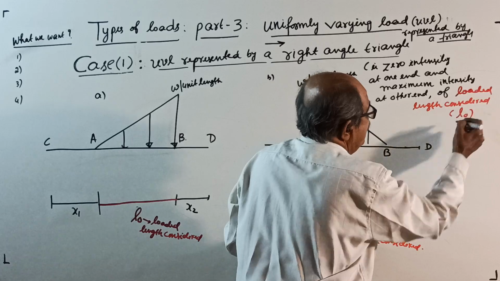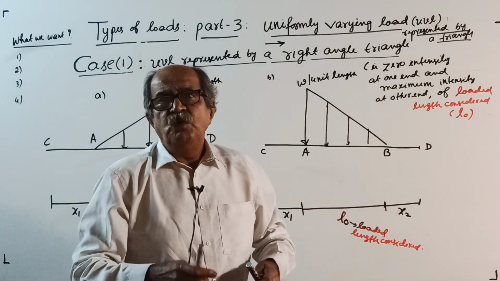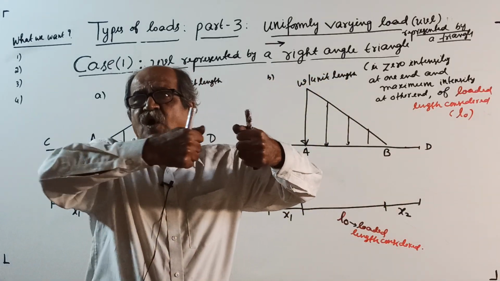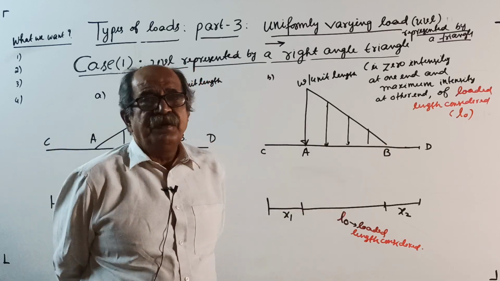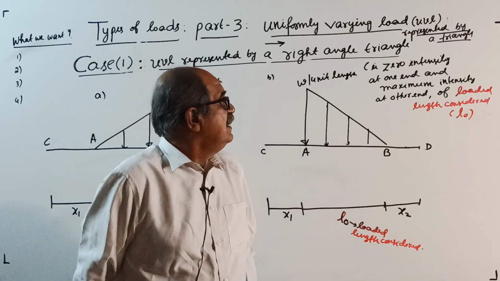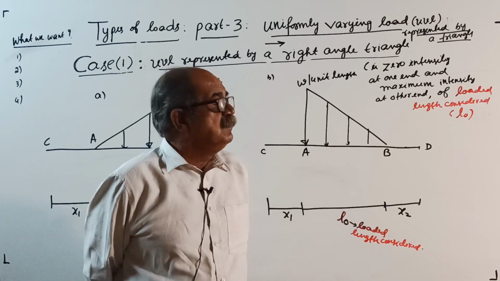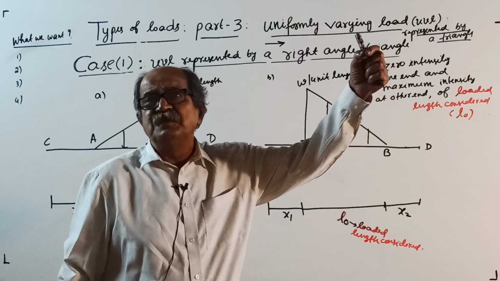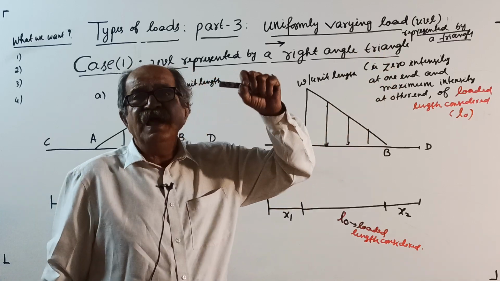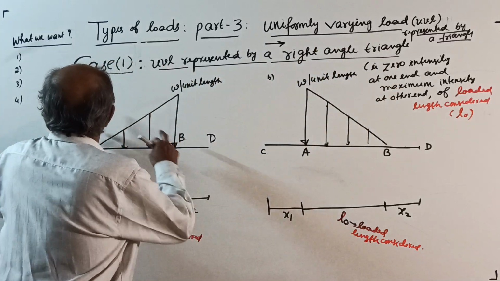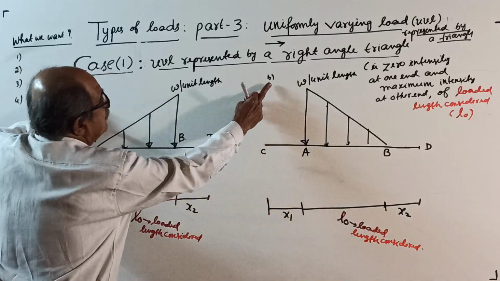You can write: when we consider a loaded length L0 of a UVL represented by a right angle triangle, intensity is 0 at one end of the loaded length and linearly increases to maximum at the other end.